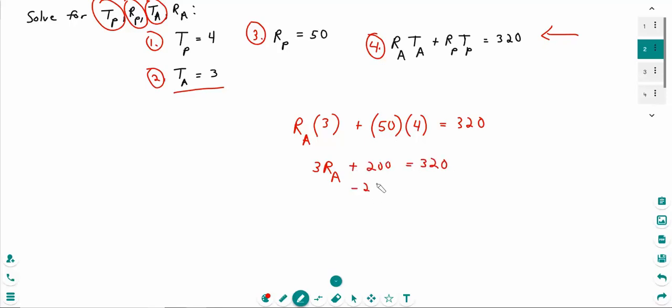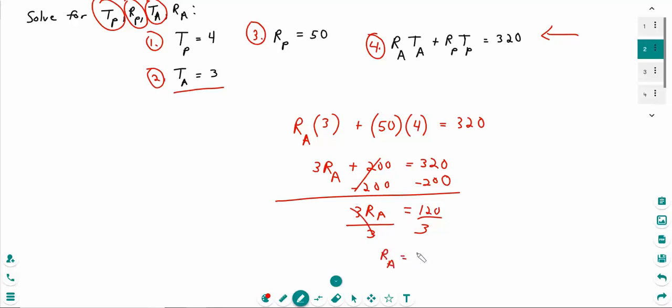We can subtract the 200 from both sides, and we end up with 120 on the right and 3 r sub a on the left. We can divide by 3, and we're left with r sub a is equal to 40. So we have solved for r sub a. Everything is taken care of. We know what each variable means, and we're good to go.